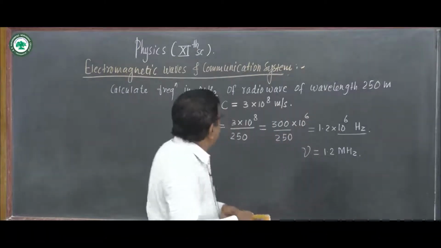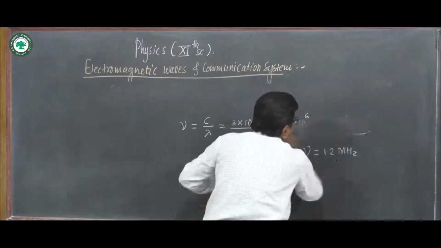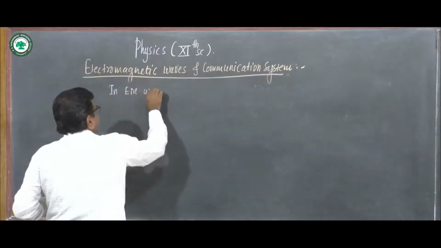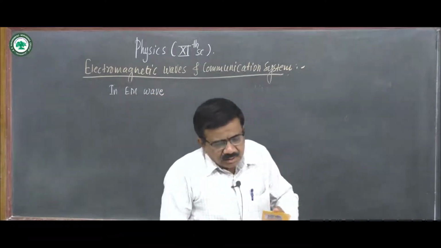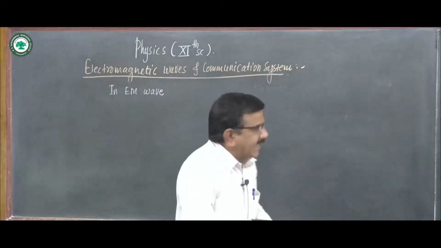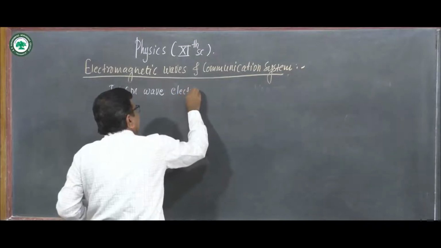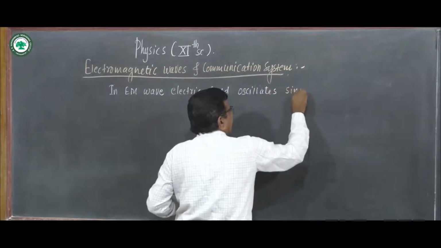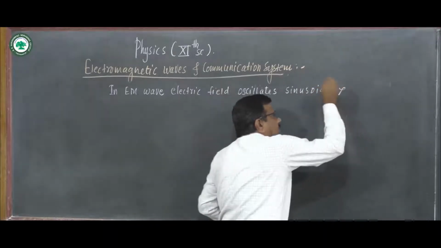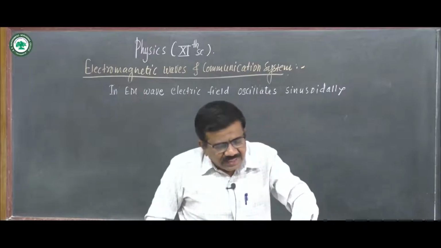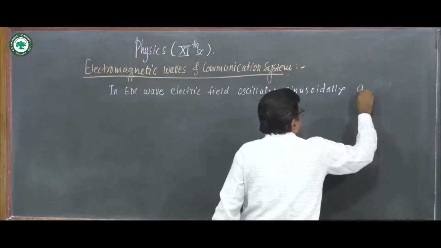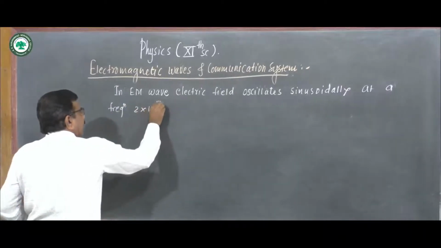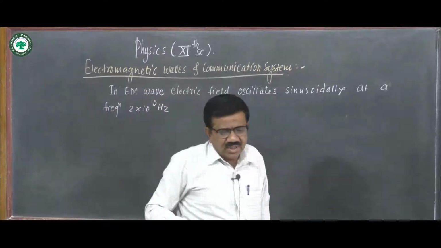Then see the next numerical. In an electromagnetic wave, the electric field oscillates sinusoidally, that is a sine wave, at a frequency of 2 into 10 raised to 10 hertz.